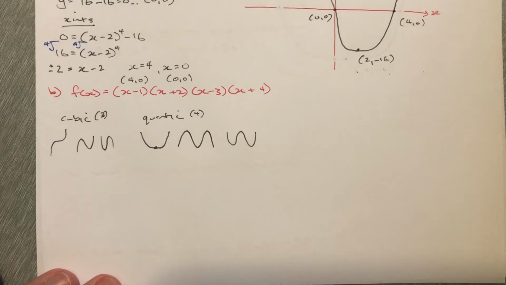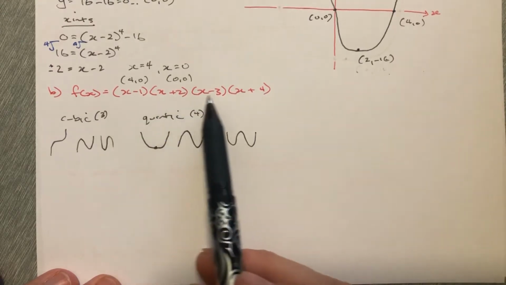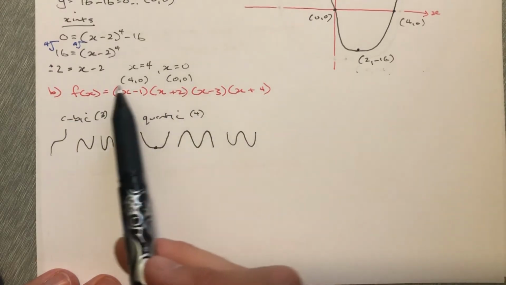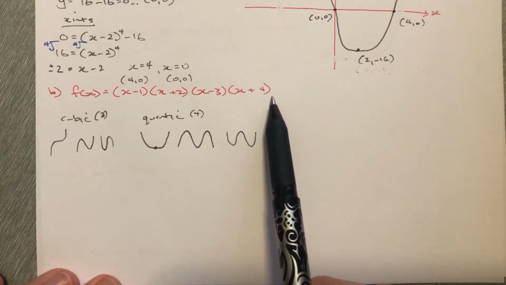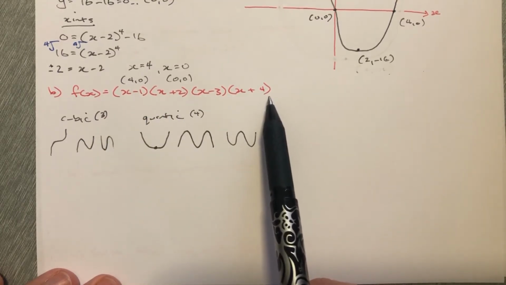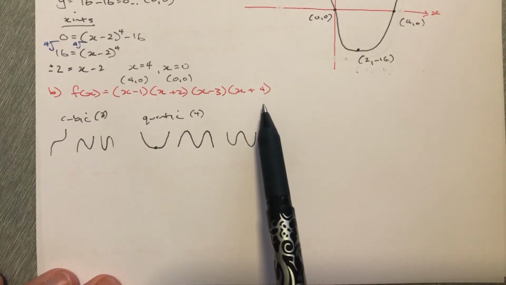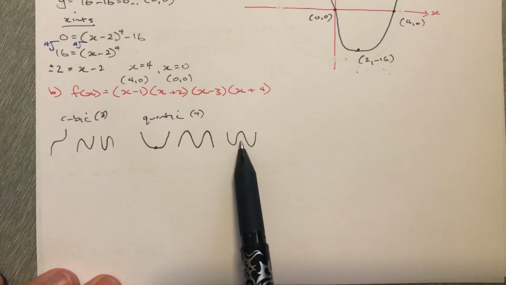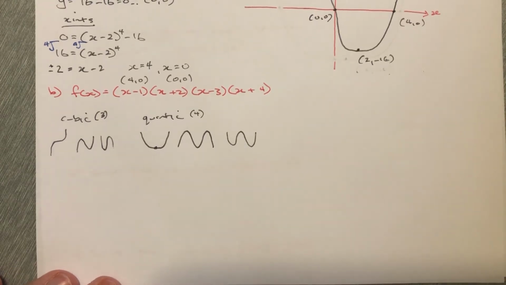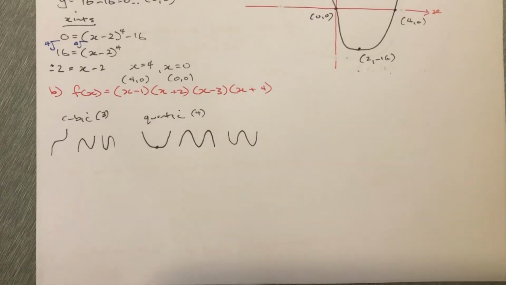There we go. So this one shows us where all the quartic graph's x-intercepts are. If we expand it out, your x to the power of 4 is going to have a positive coefficient. So that means the tail is going to be pointing upwards. So it's probably going to look like this one here. Let's start sketching this graph and show where all those x-intercepts are.